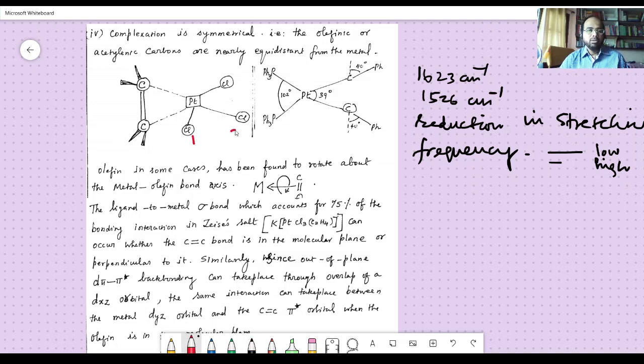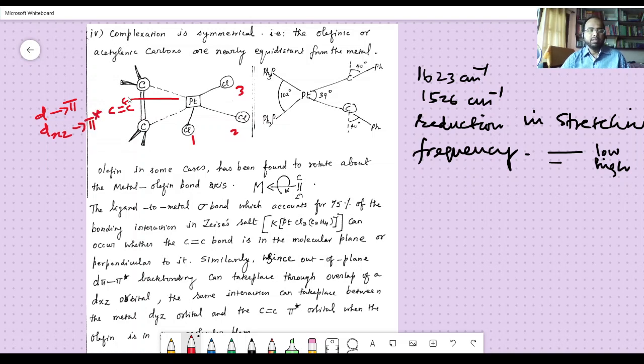One of the chlorine atoms is replaced and brought near the double bonded compound like C double bond C. So the platinum is sending its bonding electrons into the pi orbitals. Some of the electrons are donated from d to pi, and because pi is already filled, it will be from dxz to pi star orbital.